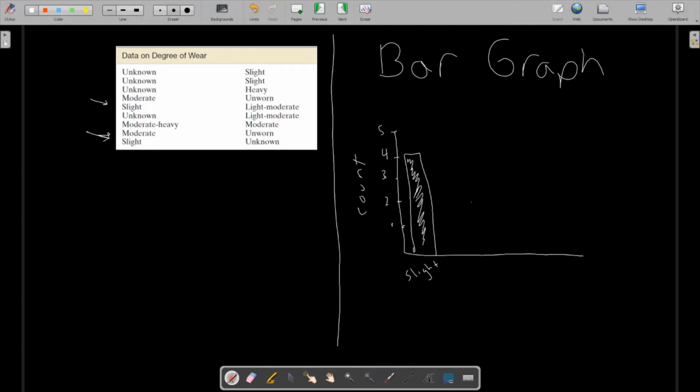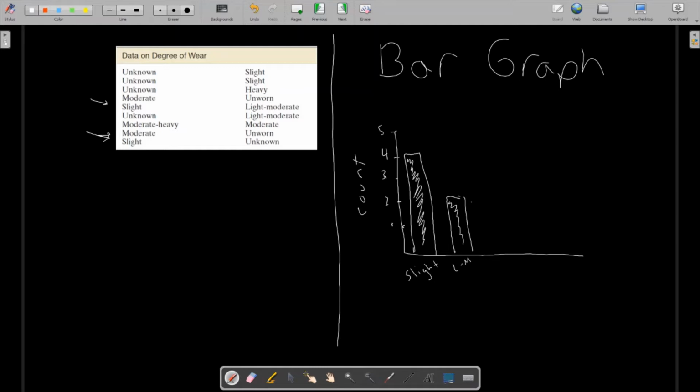And then we would go to the next category that we see. So maybe we'd want to use light and moderate. And because that's quite long, I'll shorten that to LM. And we can see in our little chart here that there are 2 light moderates. And so draw this bar up to 2.